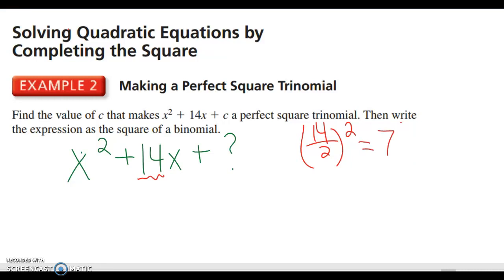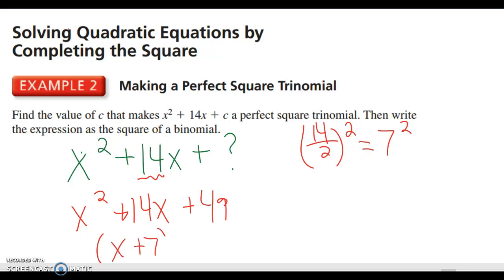So that would be 7 squared, which is 49. So I'll have x squared plus 14x plus 49, and we can write that as x plus 7 all squared, and we'll say my c is 49.